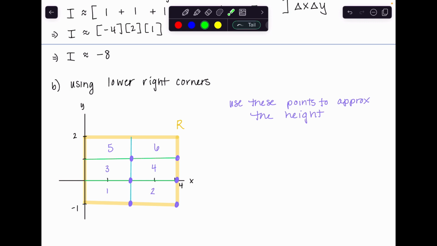So starting with the bottom row, this point here would be (2, -1). Moving on, this point would be (4, -1). This will be (2, 0). This one is (4, 0).